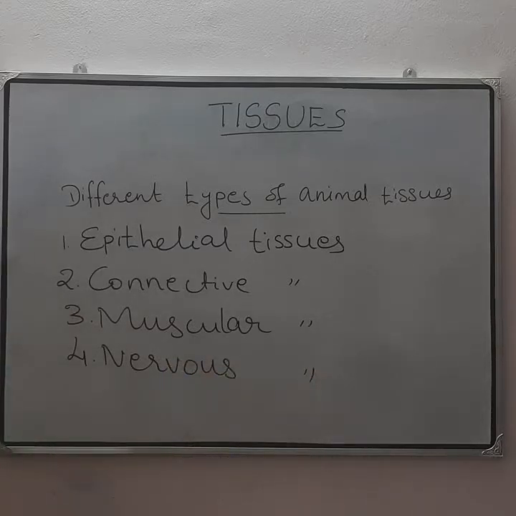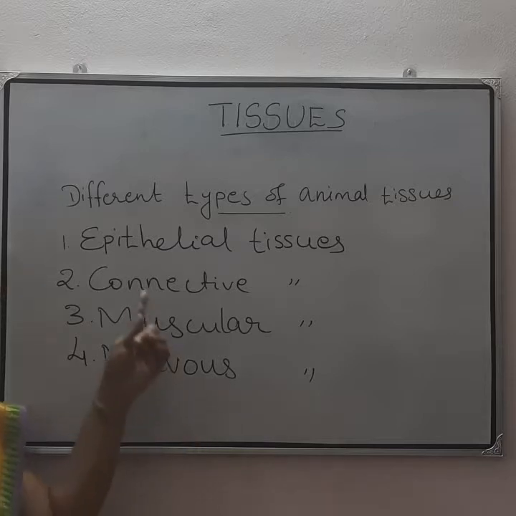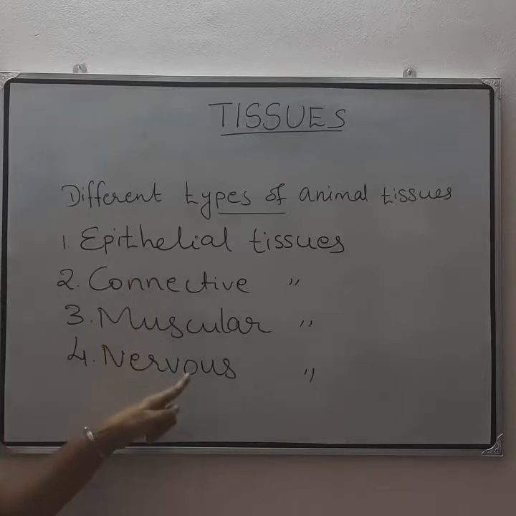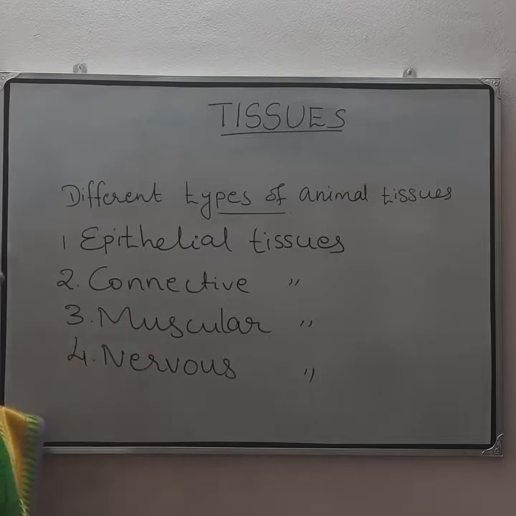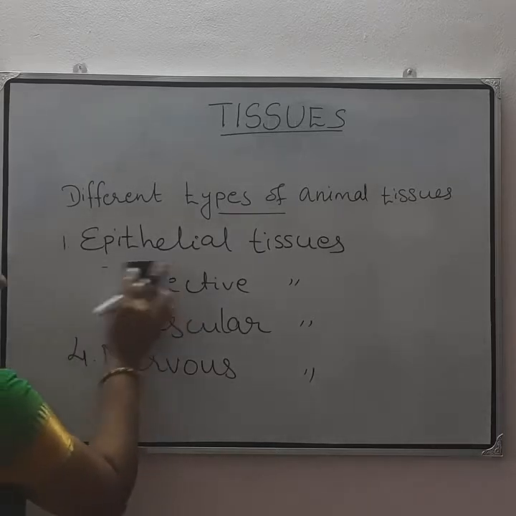So these are the different types of tissues present in the animal body: epithelial tissues, connective tissues, muscular tissues and nervous tissues. First one is epithelial tissues. Where are these epithelial tissues present, what is their function, and which are the types of epithelial tissue? Now we can discuss that.